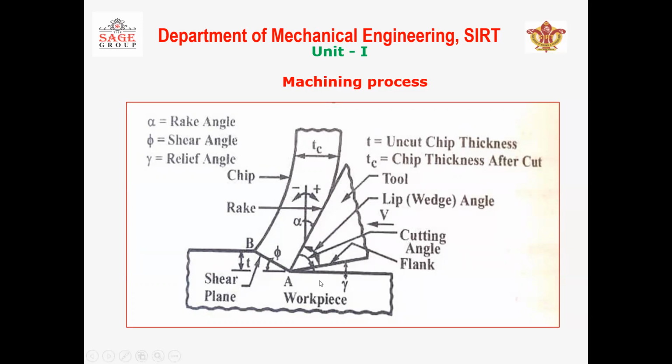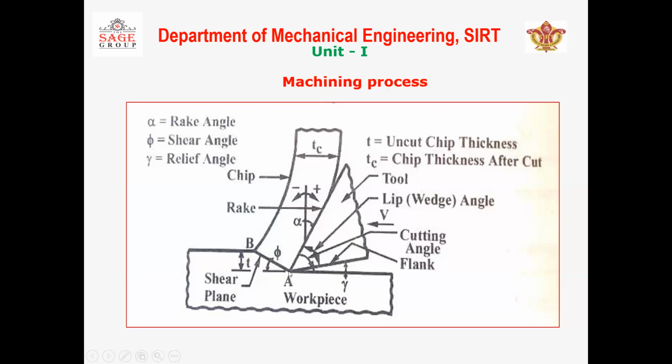In this diagram there is a contact between the cutting tool and the workpiece, and when the cutting tool advances into the material, the material in front of the tip of the cutting tool will compress and start to deform plastically along the shear plane.